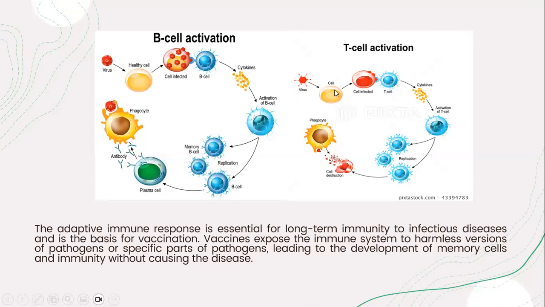So you could look here. When the virus infects the cell, the T cell recognizes the antigen on the cell, and then it starts releasing cytokines again to activate more T cells. These replicate, and they cause the degradation of the infected cell. The way it does that is when it binds onto the cell, it releases granzymes, which make the cell more permeable, and then it also releases perforin.